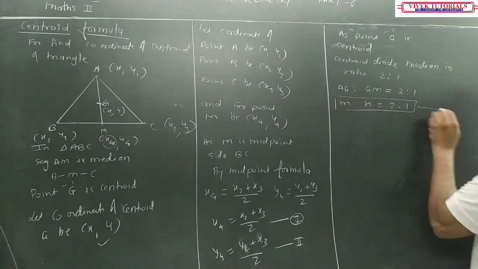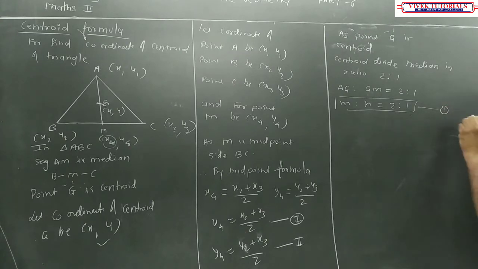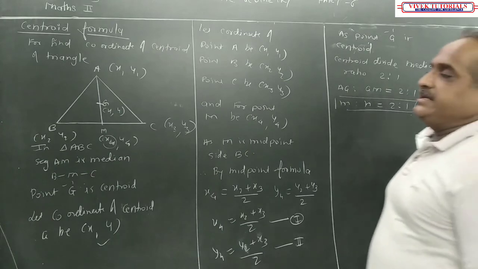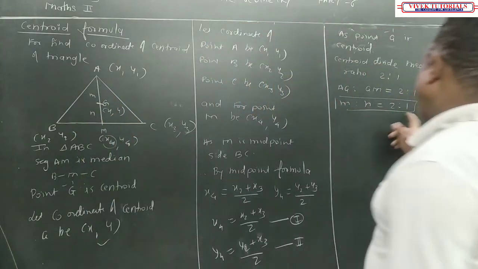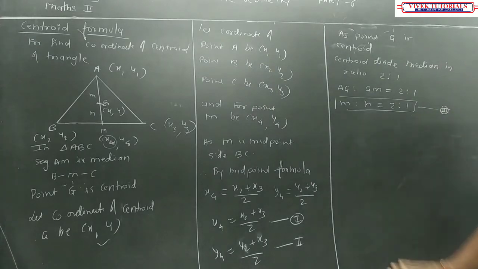This I will take it as equation 3 now. करेक्ट? इसका वैल्यू लिया हमने m, इसका वैल्यू लिया n, और m की वैल्यू है 2:1. Is it right? Got it now?